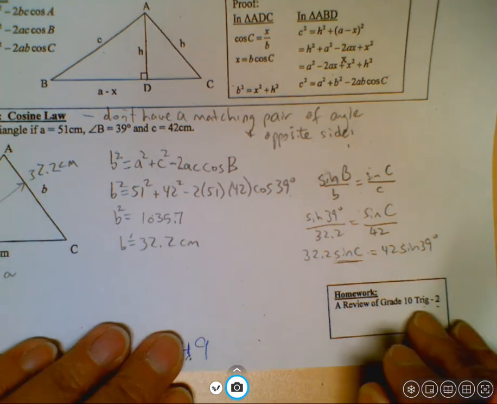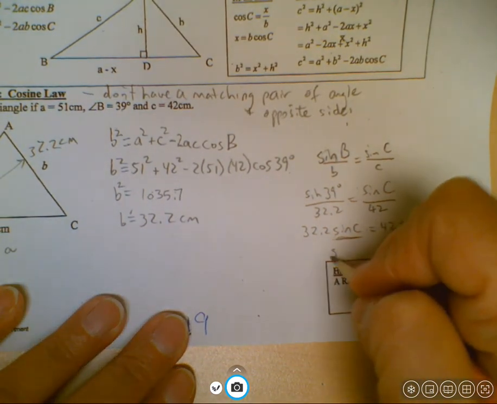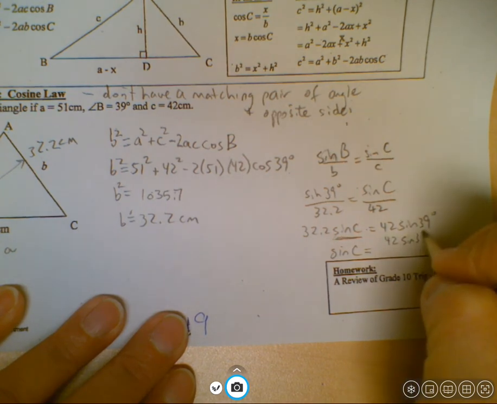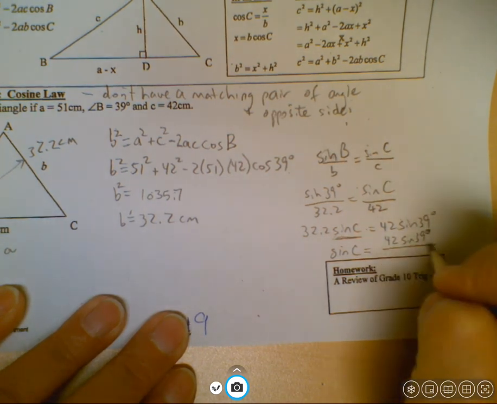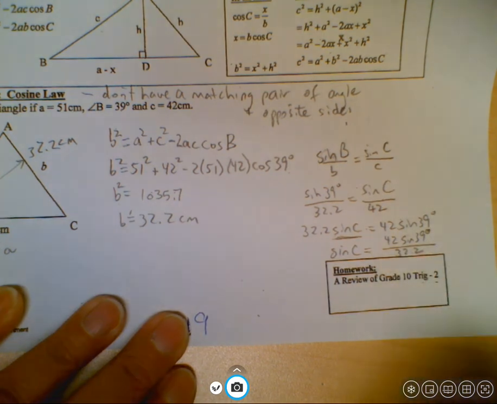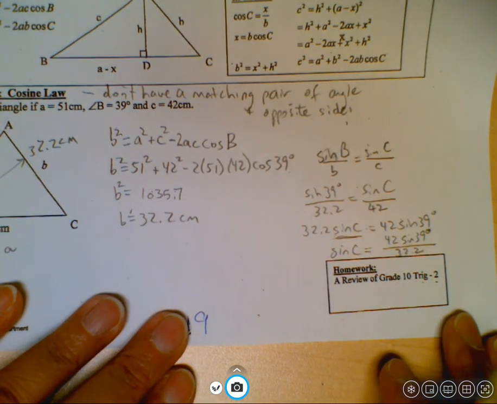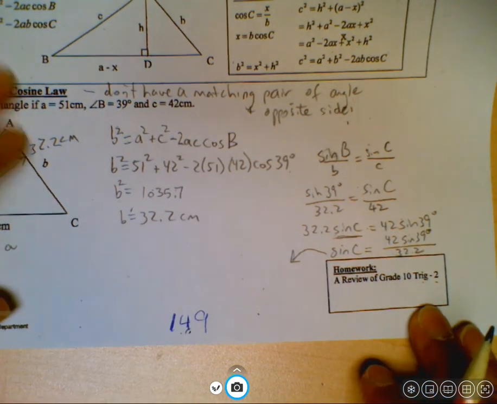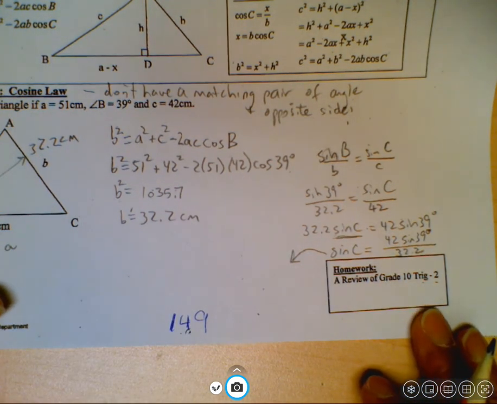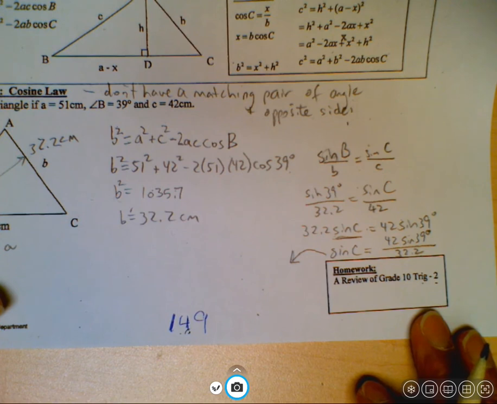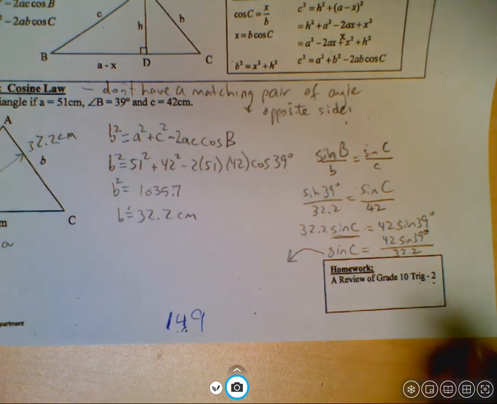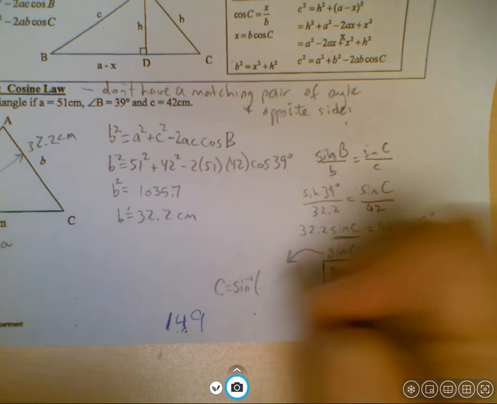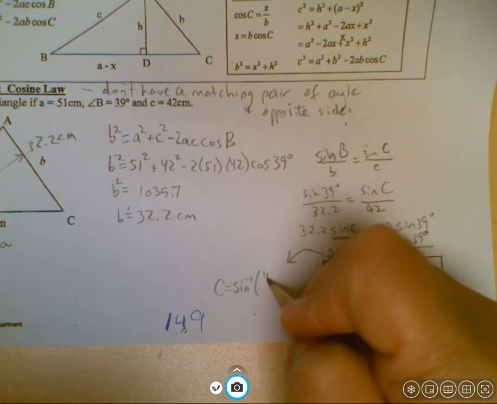So we have to isolate sine C. Sine C is equal to 42 sine 39 over 32.2. And now I need to get C alone. So to get C alone, I have to apply the inverse of sine, right? I have to unsine. So C is going to be the sine inverse of all this stuff in the bracket.